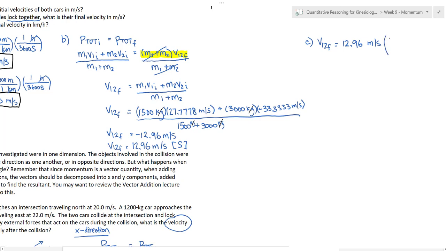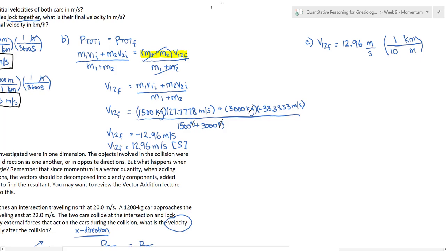Now we want to change meters per second to kilometers per hour. Let's rewrite the fraction so it's clear that meters is on top and seconds is in the denominator. We want to get rid of meters, so we're going to put meters in the denominator. And instead of meters, we want kilometers, because the question is asking us to change the units to kilometers per hour. Now we write the equivalency.